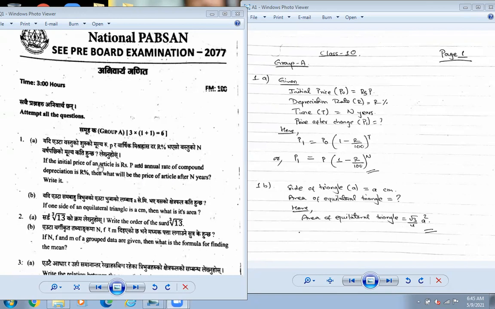Okay, so initial price is P0 and the final price is P1. There are two prices: one is the initial price, the price before change, and the other is the price after change.